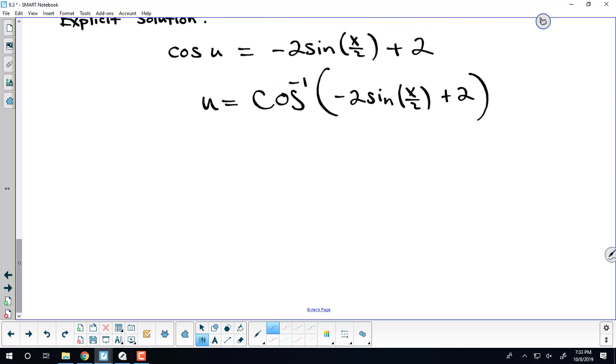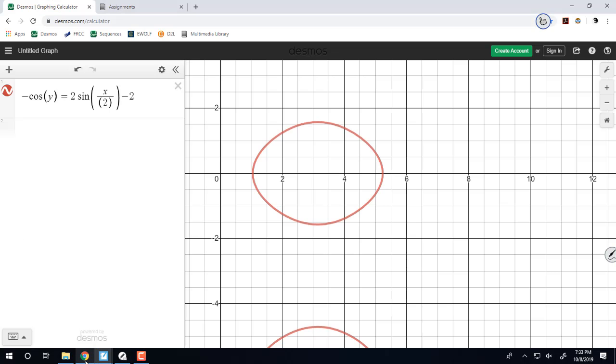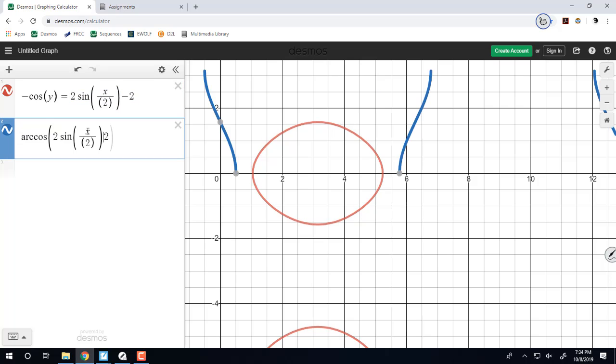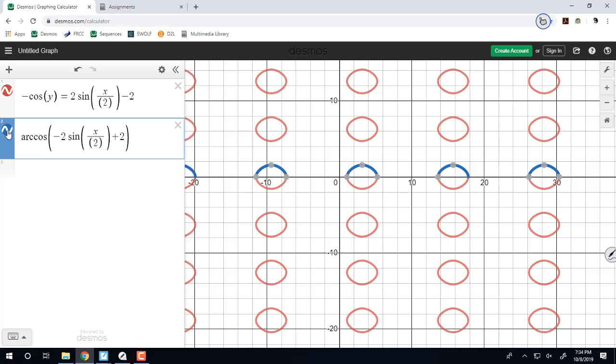So let's graph that. We just mentioned the output of inverse cosine, so hopefully you can see how that's going to affect the graph. Okay, so we see that if we're looking at all of them, we're outputting 0 to pi, which is why we get those blue in the inverse cosine.